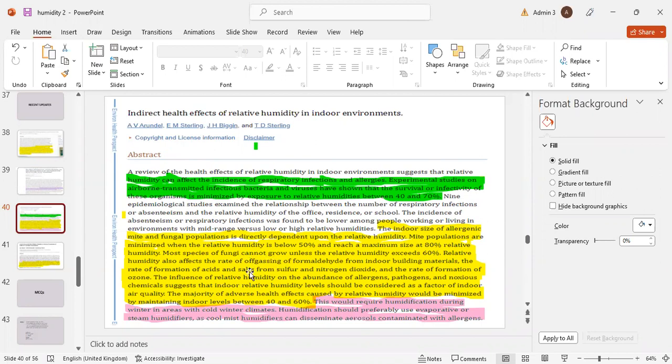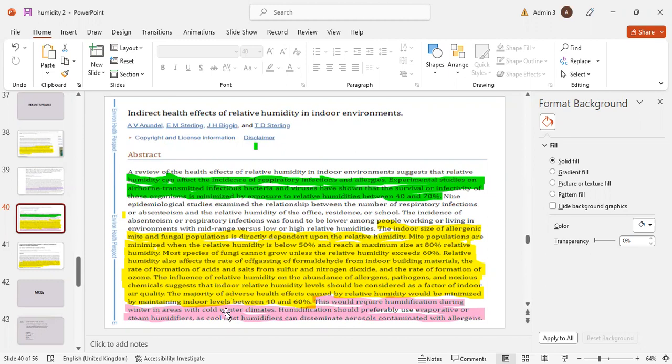Relative humidity also affects the rate of off-gassing of formaldehyde from indoor building material, the rate of formation of acids and salts from the sulfur and nitrogen oxides, and the rate of formation of ozone. The influence of relative humidity on the abundance of allergens, pathogens, and noxious chemicals suggests that indoor relative humidity levels should be considered as a factor of indoor air quality.